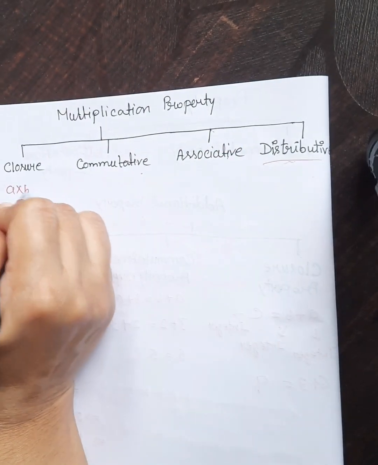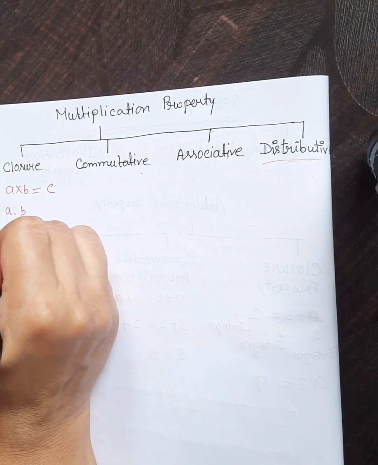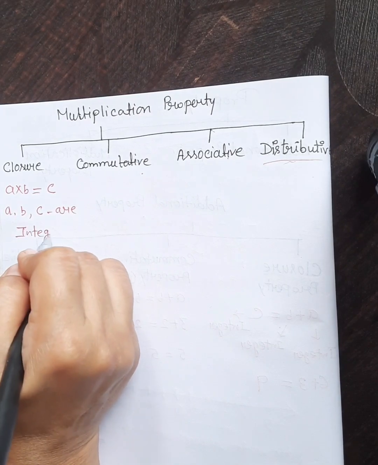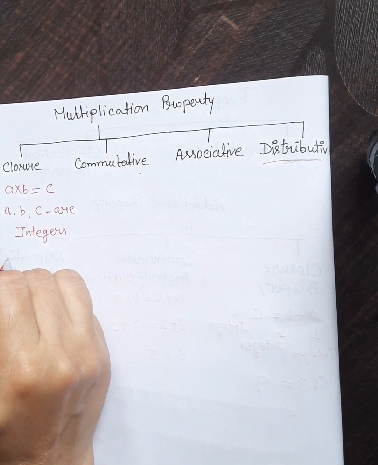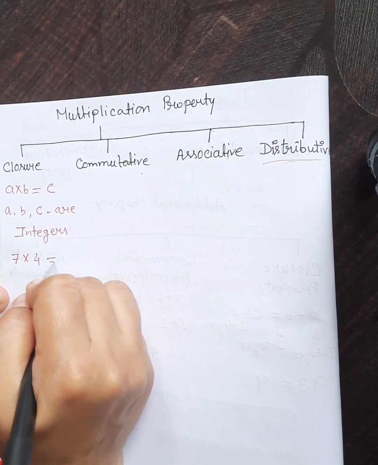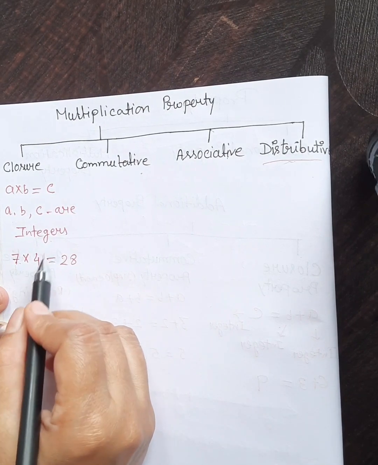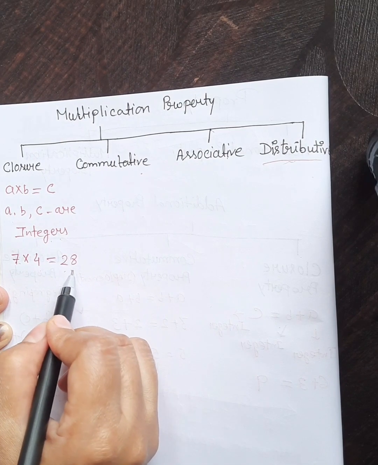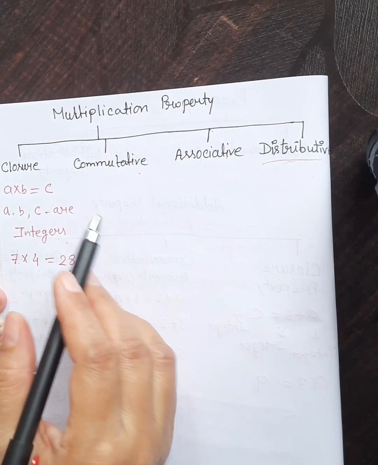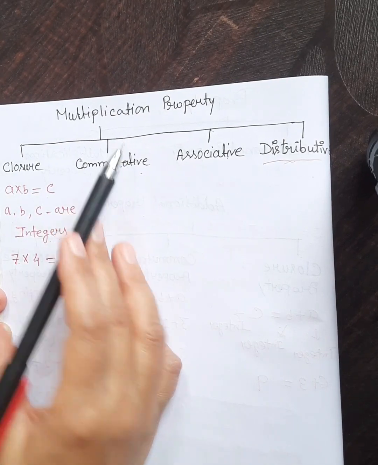That means A into B equals C, where A, B and C are integers. For example, 7 into 4 equals 28, where 7 is an integer, 4 is also an integer and the result 28 is also an integer. So we multiply two integers, we get an integer. This is the closure property of multiplication.